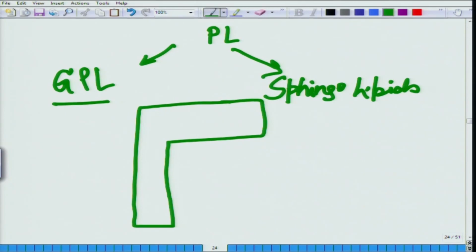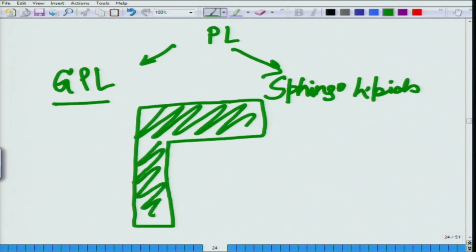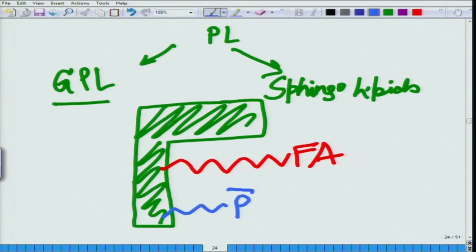So, this is the sphingosine moiety which I have drawn now, and I will draw the chemical nature of it, how that looks like. And on that you have a fatty acid attached here, and underneath it you have this phosphate group sitting there, and it is attached to a choline.